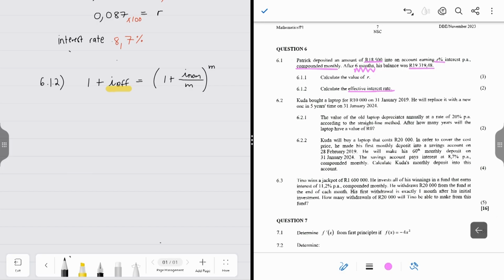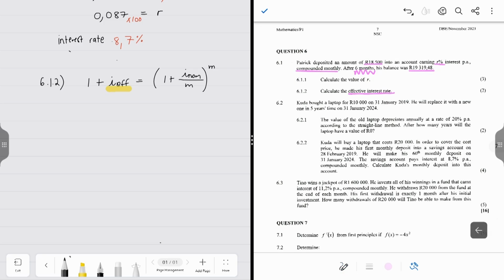All right, what we do know is our nominal, which is on our right-hand side in our paper over here. We worked out that our nominal is 8,7%. So we've got our nominal interest rate, but remember it is a monthly interest rate. So let's write that in over here, 1 plus I effective.